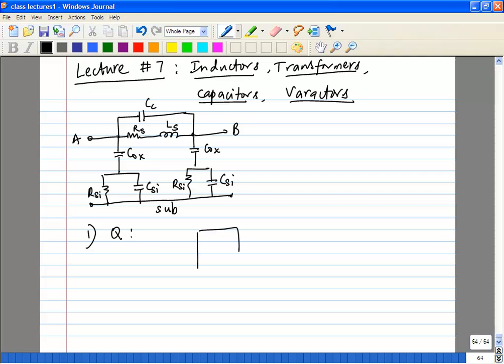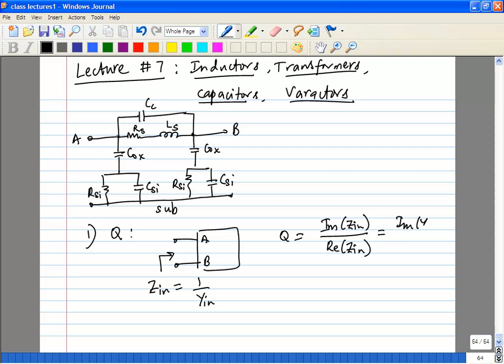So let's say your inductor has the two ports A and B. The way we are going to evaluate the Q is to look at Zn, which is of course 1 over Yn, and we are going to use Q equals imaginary part of Zn over real part of Zn, and this also happens to be imaginary part of Yn over real part of Yn.